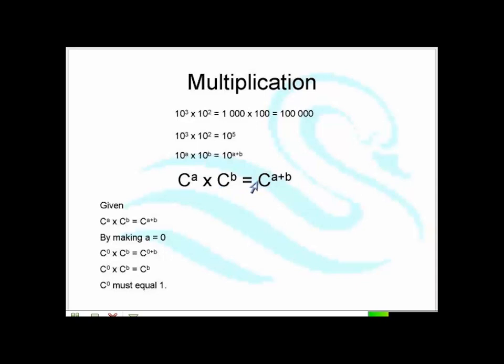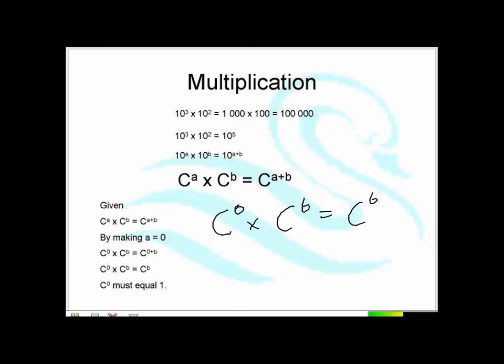That's a general rule. And down here, so that you can look at it in your own time, there's a little proof that it actually applies for everything. Because the only way that this equation can work, if you look at this equation, I've got c to the power of 0 times c to the power of b equals c to the power of b.